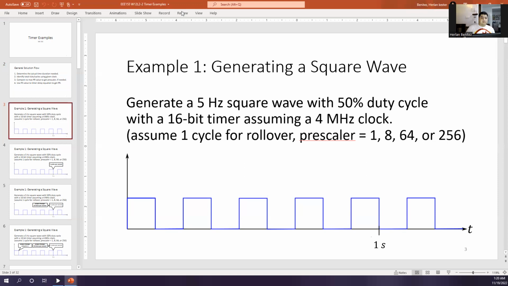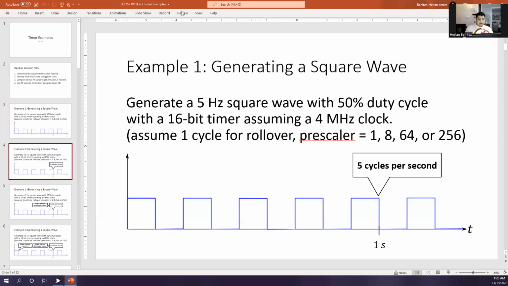Most microcontrollers have limitations doon sa prescaler values na pwedeng gamitin. Fortunately for the STM32, medyo wide range yung kanyang kayang gamitin na prescaler. So, as an exercise lang for this one, let's try to limit ourselves with these values.